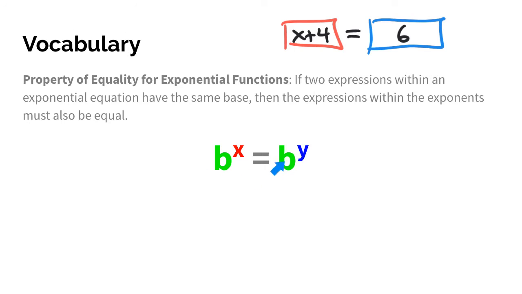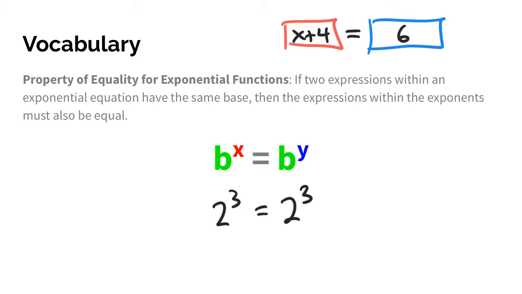And when they have the same base, we want to make sure that the exponents then are the same. So for example, 2 to the third power would equal 2 to the third power. So what I'm looking at is that my bases are the same and my exponents are the same. That's what it means for things to be equal.